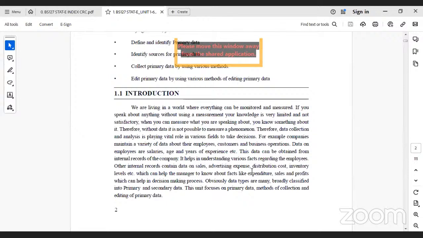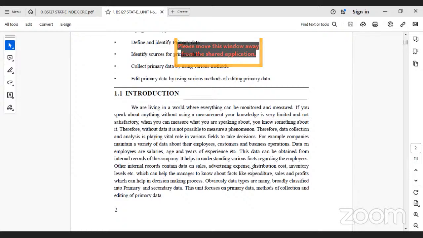For example, companies maintain a variety of data on their employees, customers, and business operations. In employment, there are teaching staff, non-teaching staff, drivers, sweepers, and scavengers, so there are different types of employees. We can take categorical data, for example the teaching position, and here we are taking experience.